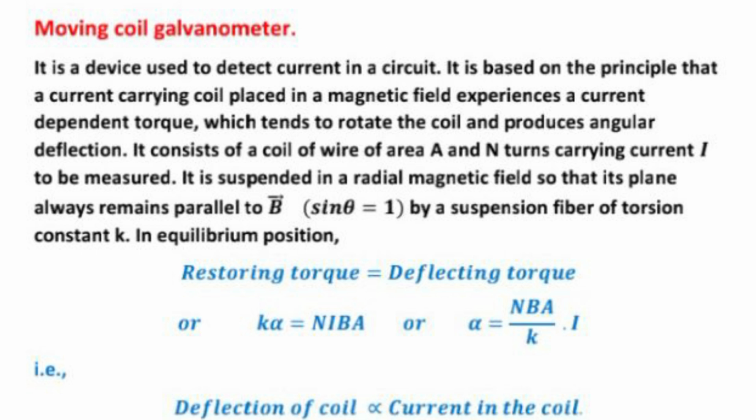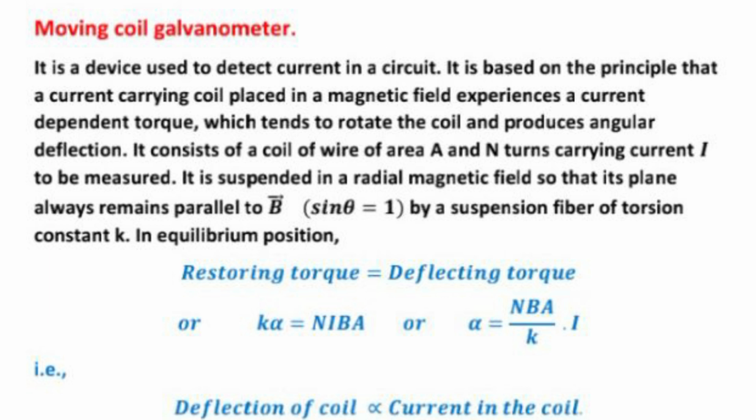It is suspended in a radial magnetic field so that its plane always remains parallel to the field B, by a suspension fiber of torsion constant K. In equilibrium position, alpha equals N B A upon K into I, meaning that deflection of the coil is directly proportional to the current in the coil. In the figure, you can see the galvanometer.